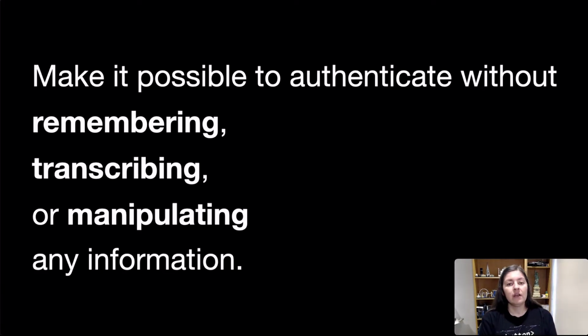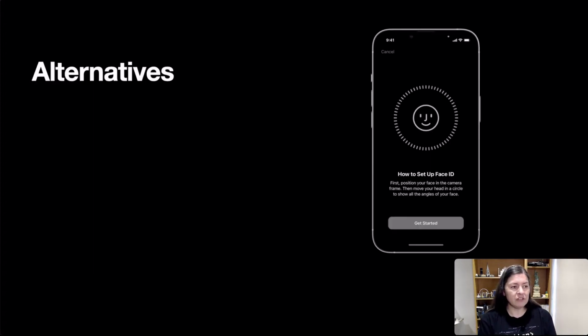So if we can't authenticate by memory, and we can't authenticate by transcribing, and we can't authenticate by proving our manipulation of data, how can we authenticate instead? So the first thing we can do is look at alternative ways to authenticate. And one that's coming up and is increasingly popular is biometrics. Most mobile phones these days, most smartphones, have some sort of biometric authentication or multiple forms built in.